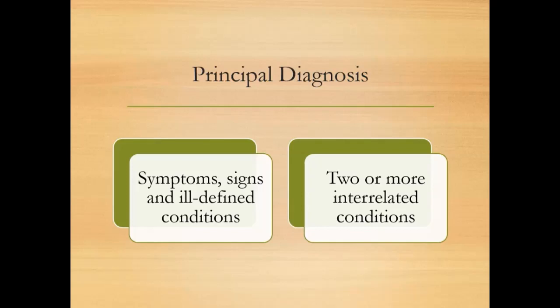So we would not code the chest pain, we would just code the myocardial infarction. Another guideline is a situation when there are two or more interrelated conditions that each meet the definition of principal diagnoses.